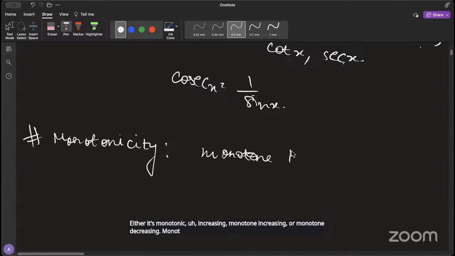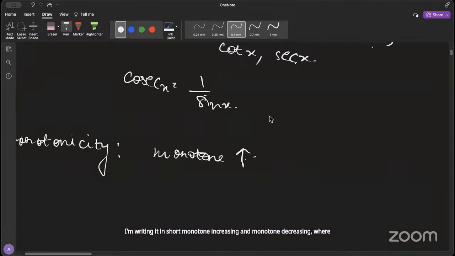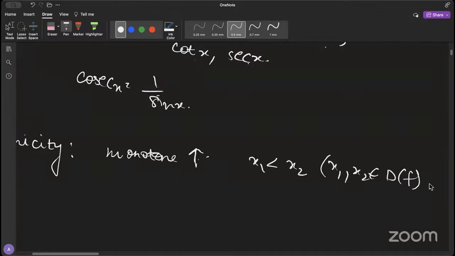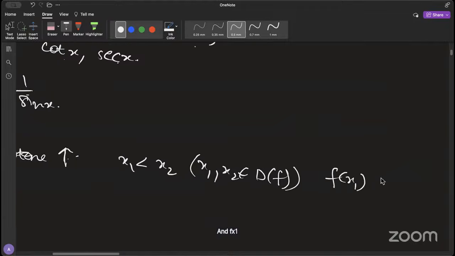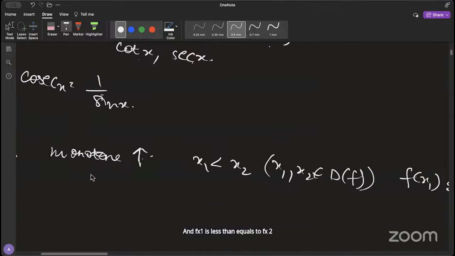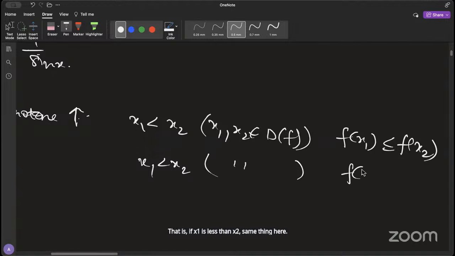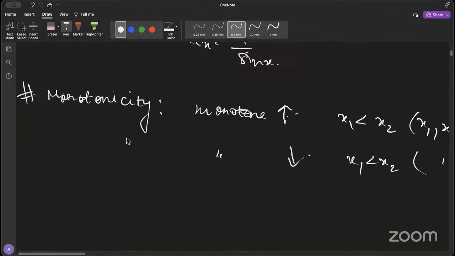Monotone increasing means that if x1 is less than x2, and x1, x2 are in the domain of f, and f(x1) is less than or equal to f(x2), then we say it's monotone increasing. And if it's the other way around, that is, if x1 is less than x2, and f(x1) is greater than or equal to f(x2), then it becomes monotone decreasing. That's what we call monotonicity.